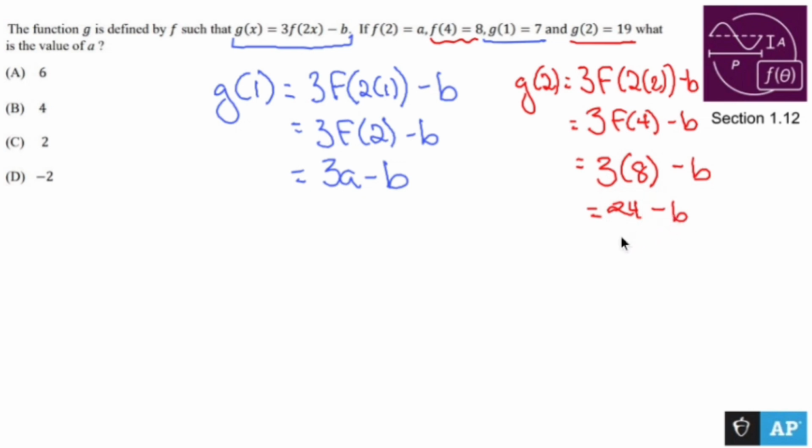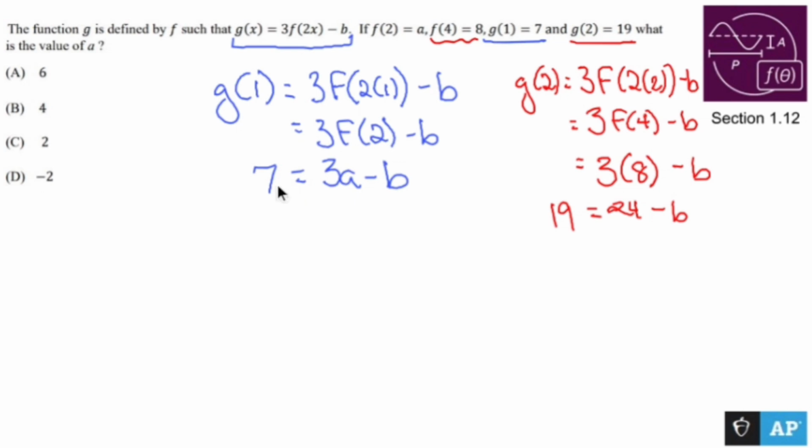Right now I'm not really getting anywhere, but here's what else I know. I know that g of 2 is also 19. I also know that g of 1 is 7. So what I can do is solve both of these equations.